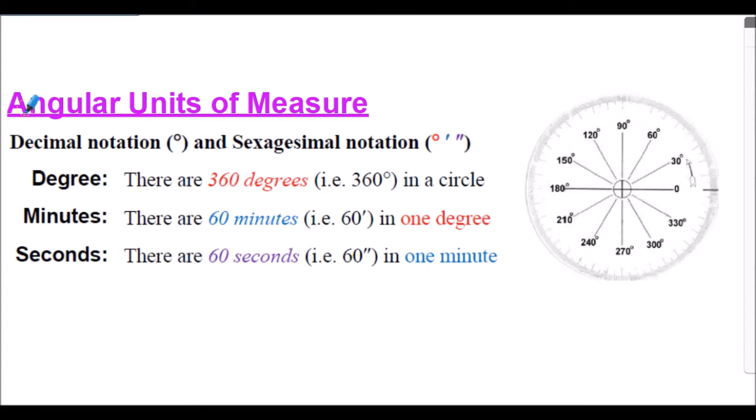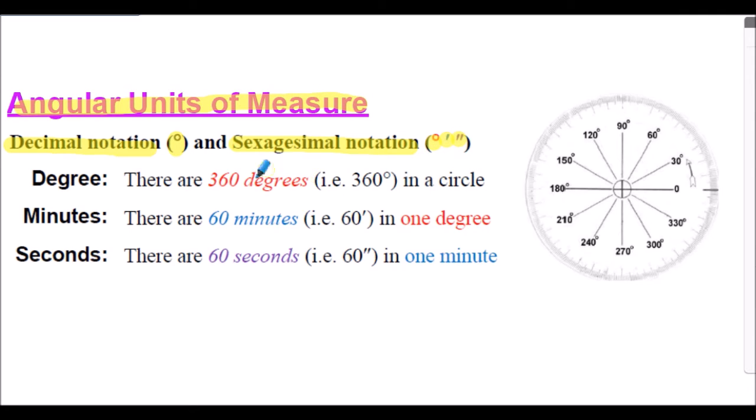Also, angular units of measure were outlined in the previous presentation. We can specify angles in terms of decimal notation, decimal degrees, or also sexagesimal notation, that's in terms of degrees, minutes, and seconds.